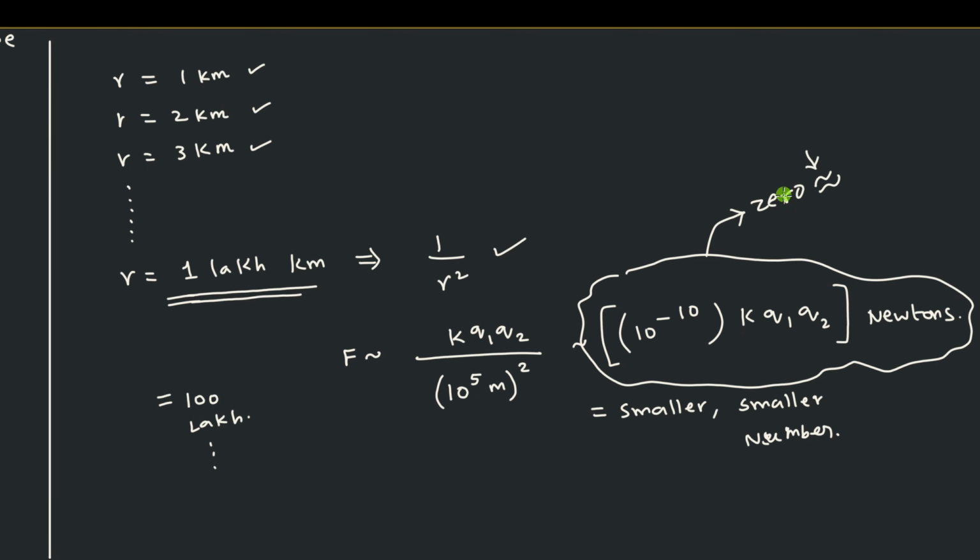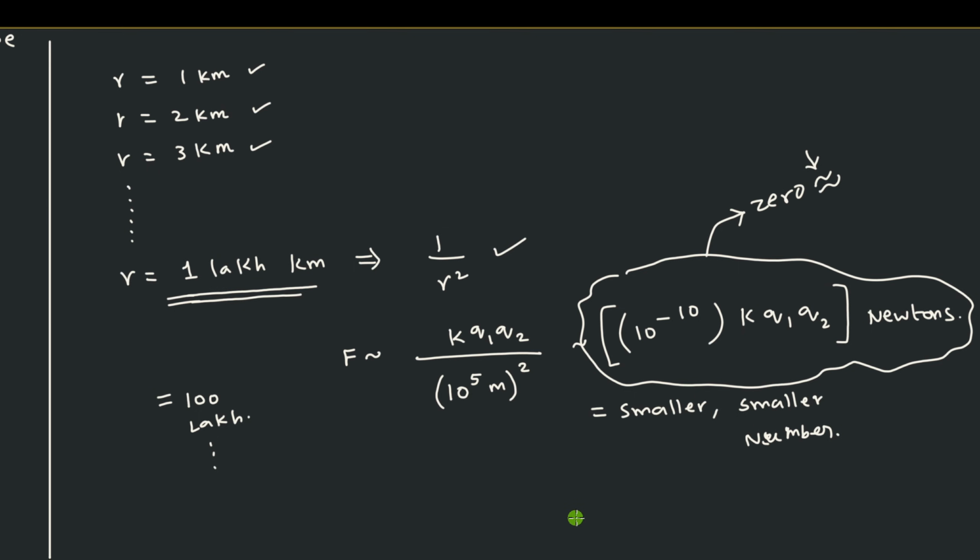Approximately, yeah, because everything is practical, right? Zero means not exact zero, practically zero. Your equipment will show zero. Whether it is digital equipment or analog meter, there is no deflection in your meter, it will be showing zero. In a digital equipment, everything will be 0.000. That is the force.